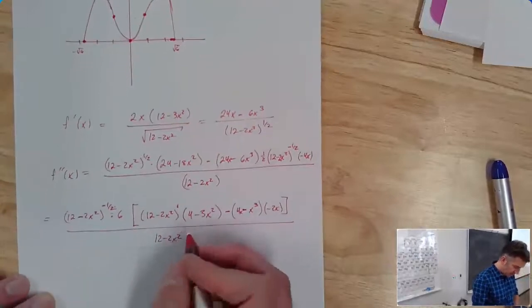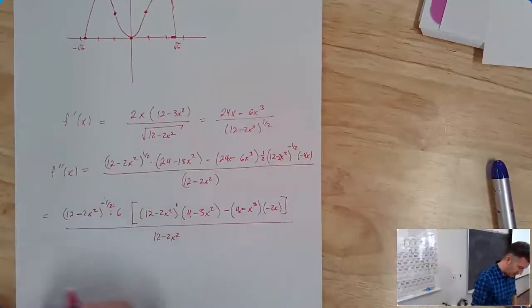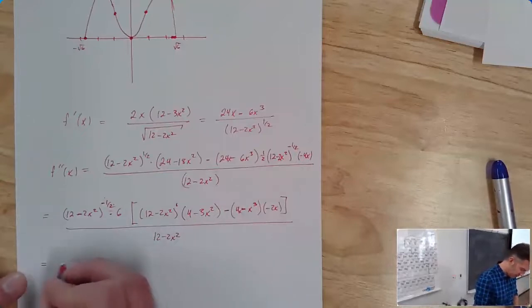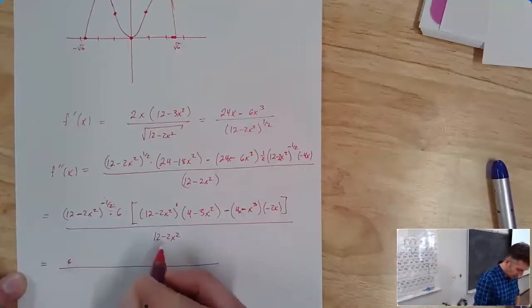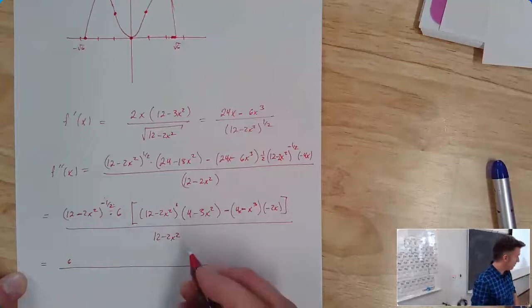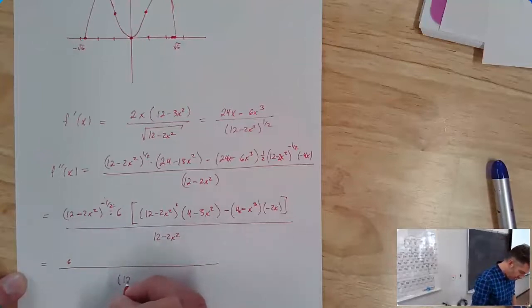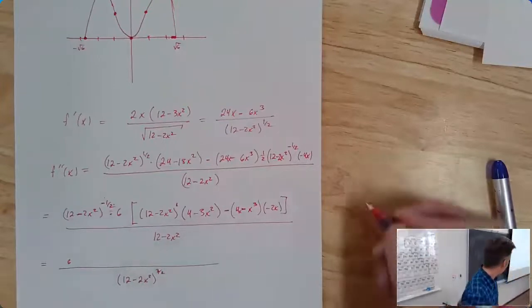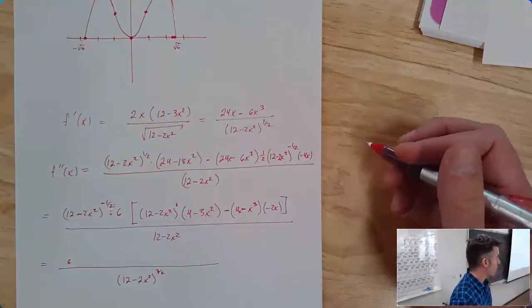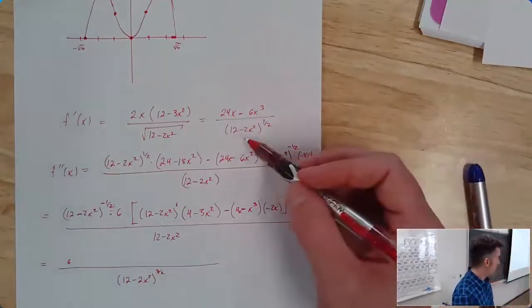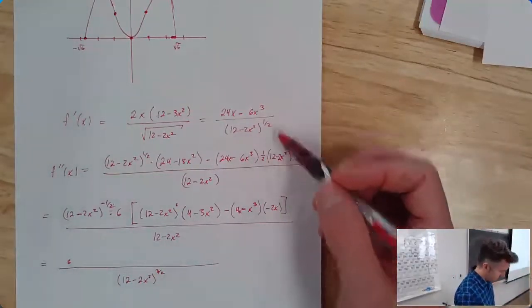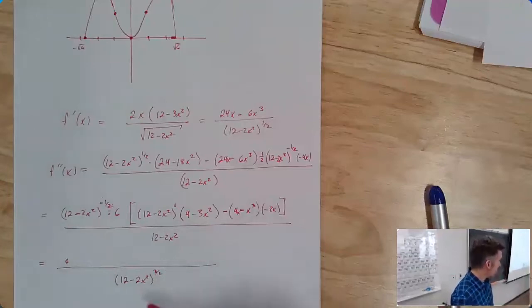We bring this down, and this actually brings up something I want to point out because it keeps on coming up, and I should say it. After I've taken this derivative and simplified, the new power in your denominator, if you're using the quotient rule, should end up being exactly 1 larger than it was before. We started off with a 12 minus 2x squared to the 1/2, and after simplifying this, we're not quite done, but we will end up with a 12 minus 2x squared to the 3/2.